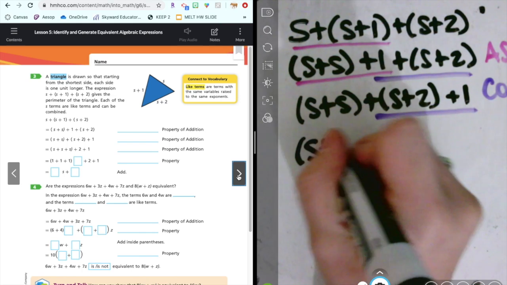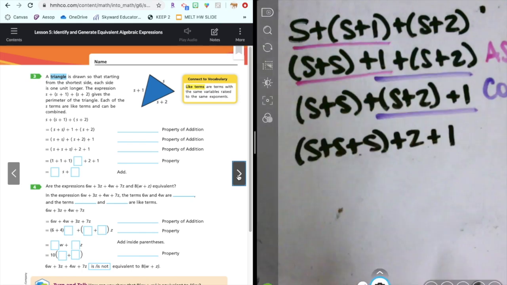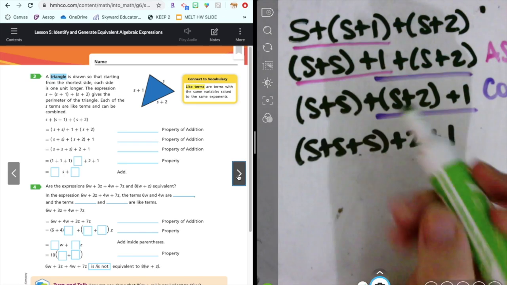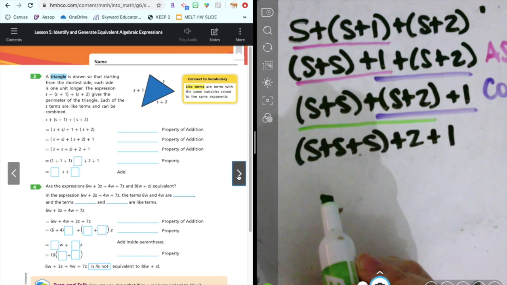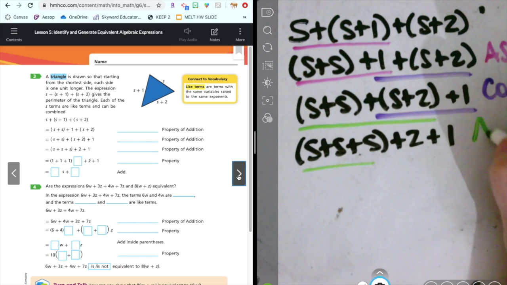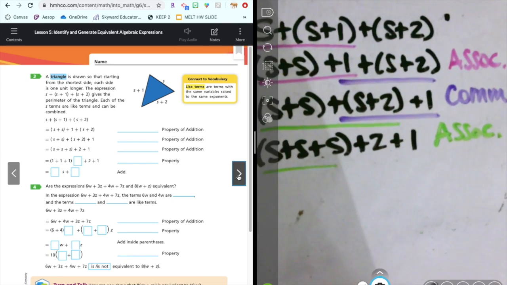Let's do s plus s plus s plus 2 plus 1. On this one, they changed the parentheses. So back to the associative property.